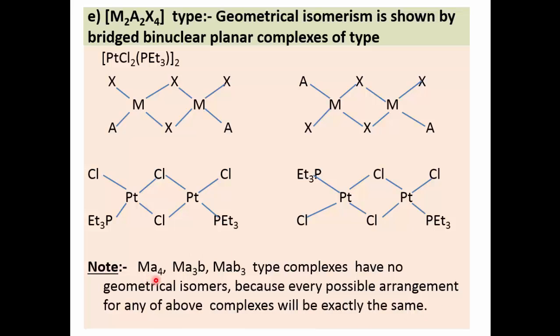See Ma4, at 4 corners of square planar, what happened? All ligands are same, and therefore we cannot identify which two groups are present on same side or opposite to each other. That means each possible arrangement is same, and therefore we cannot identify cis isomer and trans isomer.